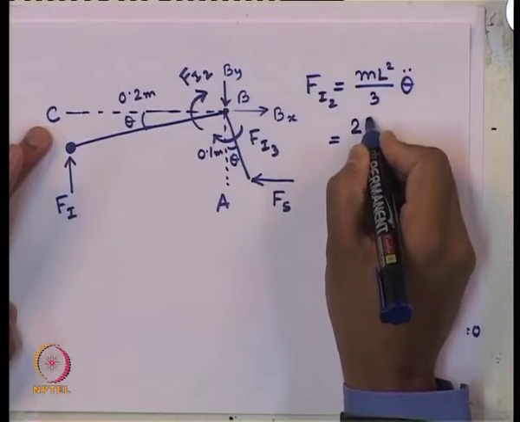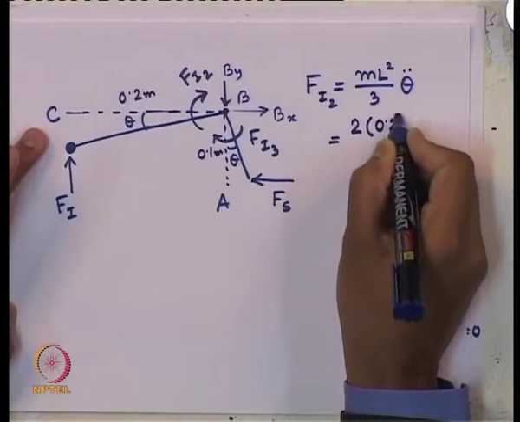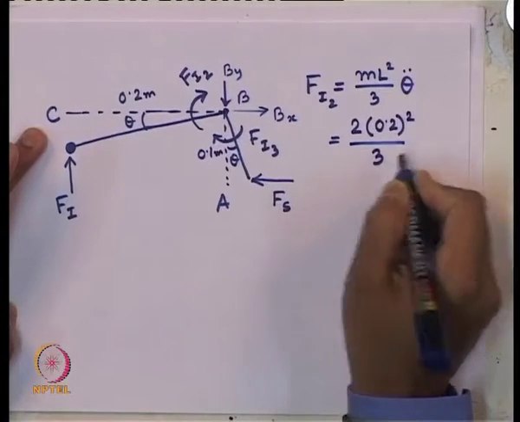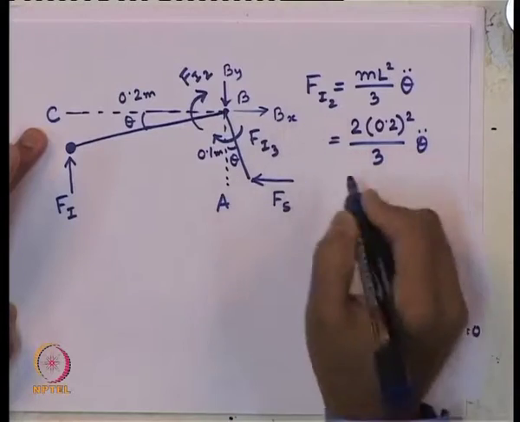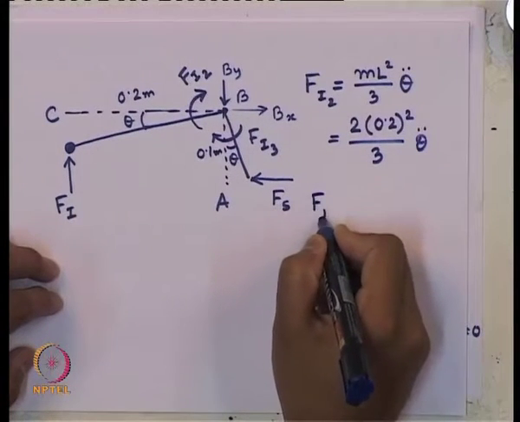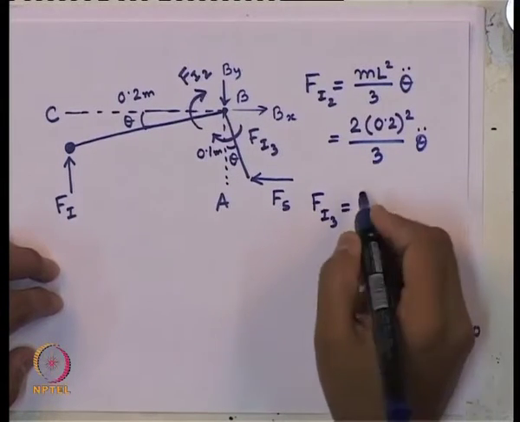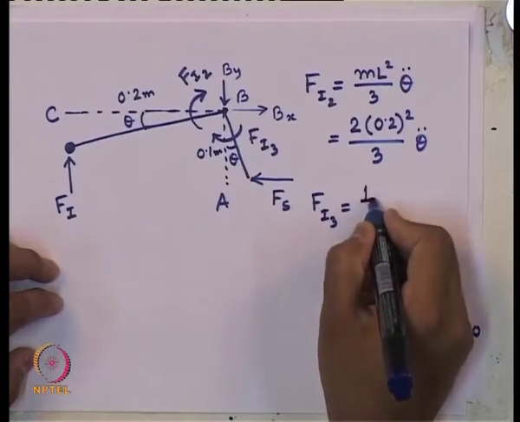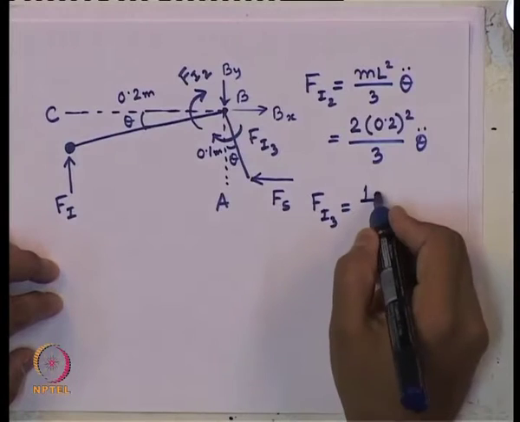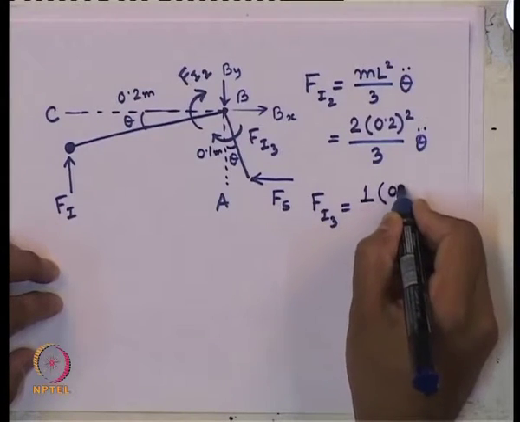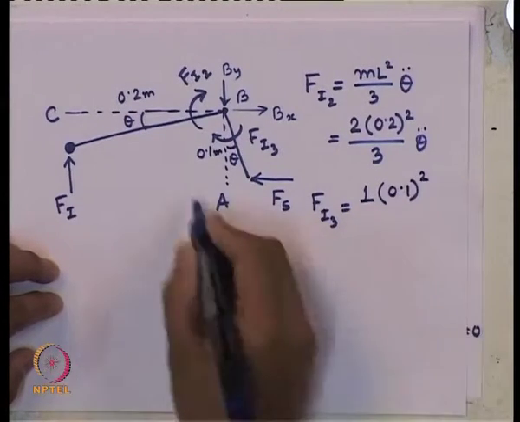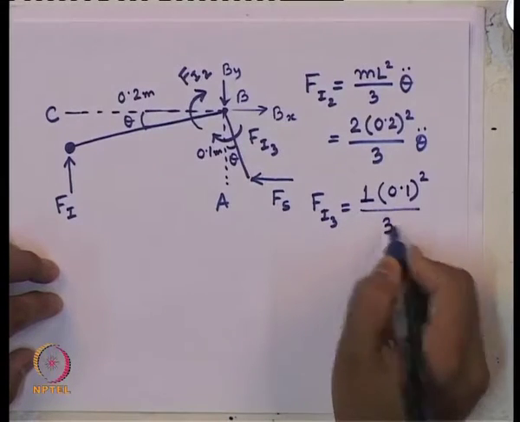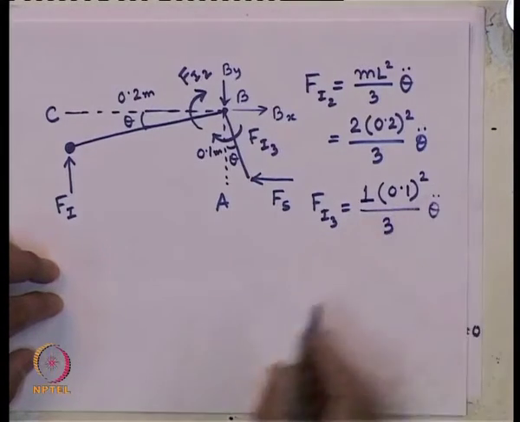So, 2 into 0.2 whole square by 3 theta double dot is the F I 2, and F I 3 will be, mass is 1 kg for the rod A B, times its distance square 0.1 square by 3 theta double dot.